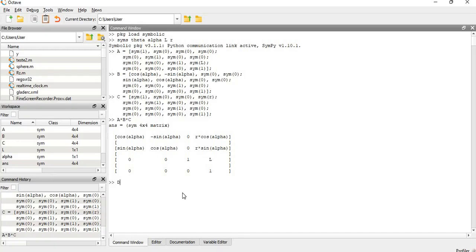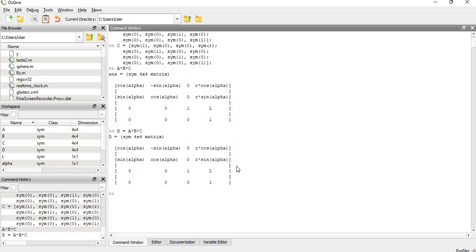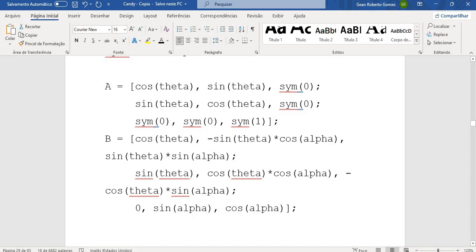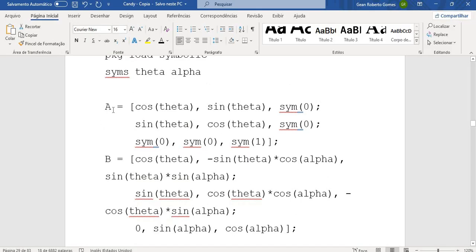So let's say that D is equal to A times B times C. So we got D. And now we need to pass this matrix. Let's recycle some lines of code. Let me copy this, and let's see what we get.